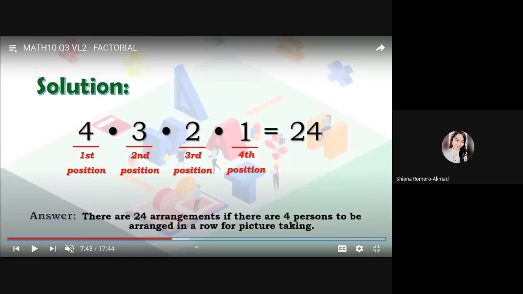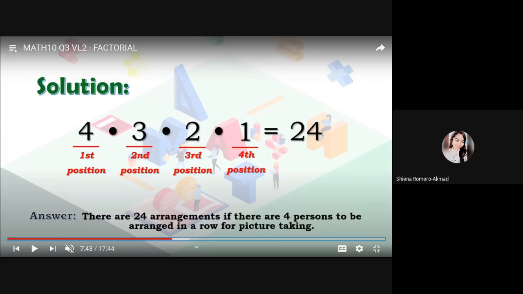There are 24 arrangements if there are 4 persons to be arranged in a row for picture taking. So simply, by identifying the number of choices for each position, you can get the number of arrangements that you have if you are going to arrange 4 persons in a row. Okay?